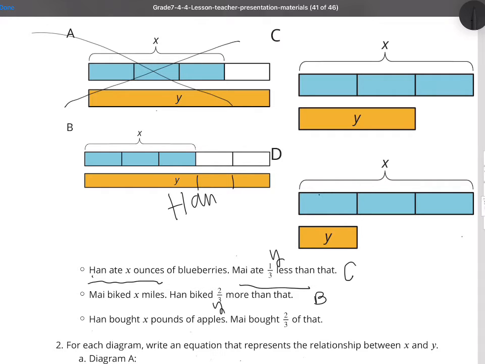So we're back to either C or D. Believe it or not, Y is representing May, but this is representing 2/3 of X. So it would have to be C. Why? Because 1/3 less is equivalent to 2/3. It's just worded differently.